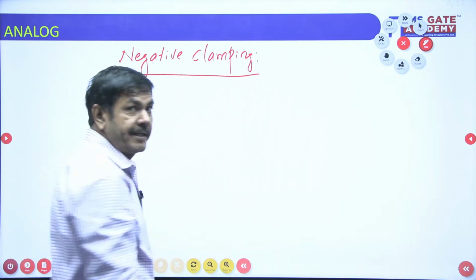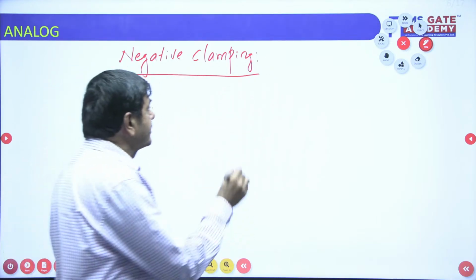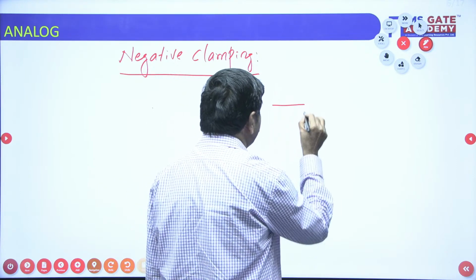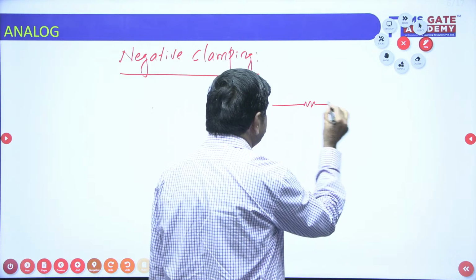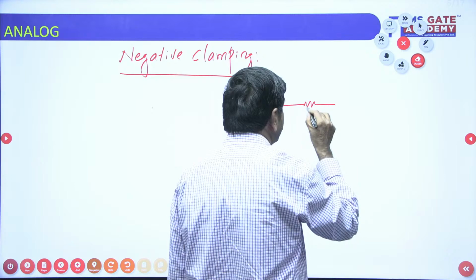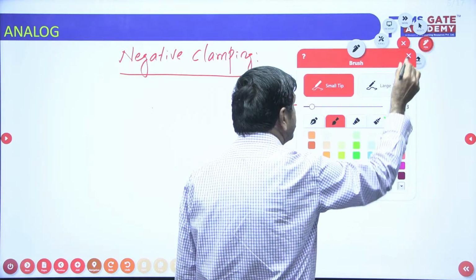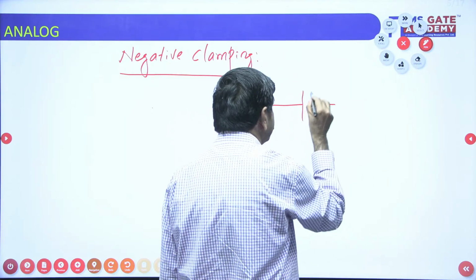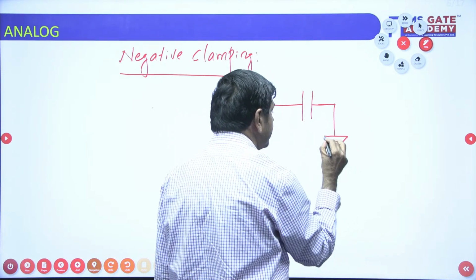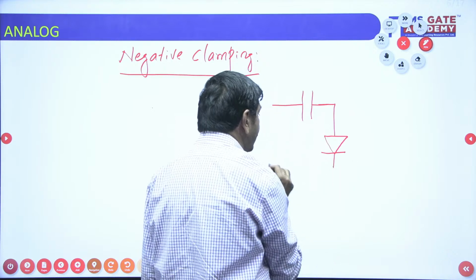In the negative clamping, the circuit is designed like this. Initially a capacitor is required. It is a clamping work. In clamping, you need to put a capacitor initially. Then after I connected one diode, this diode is an ideal diode.